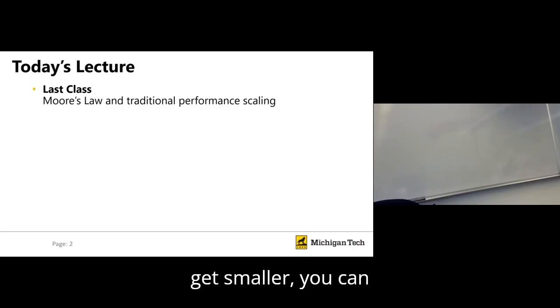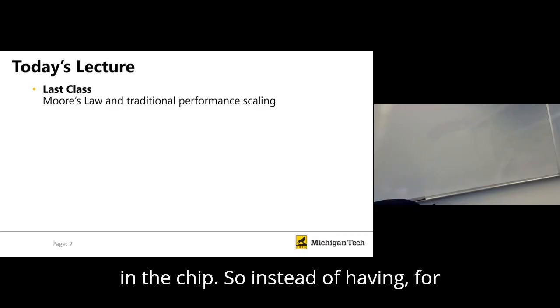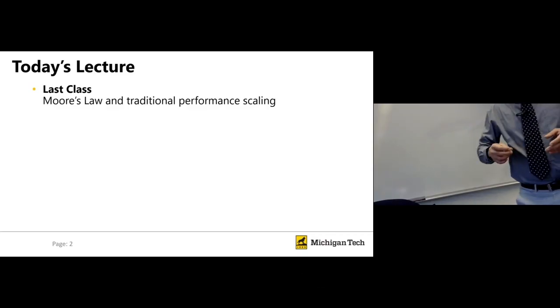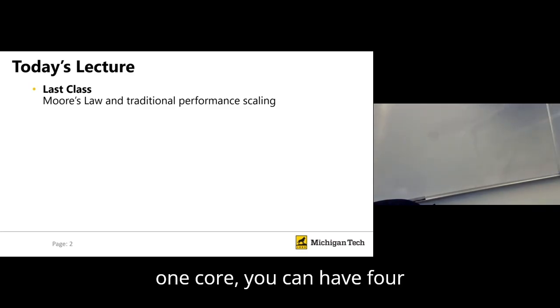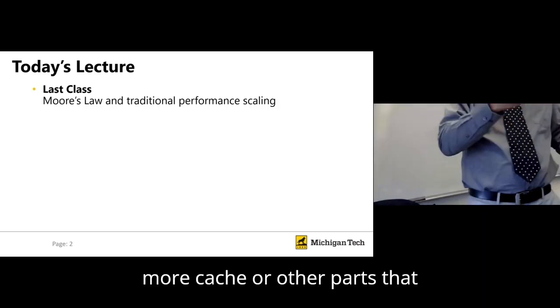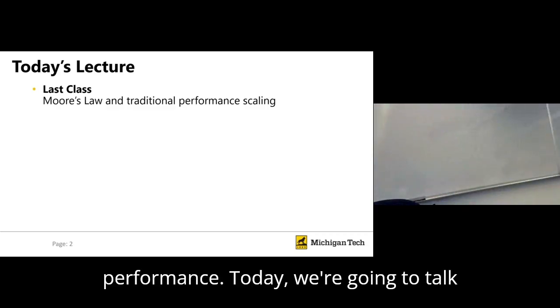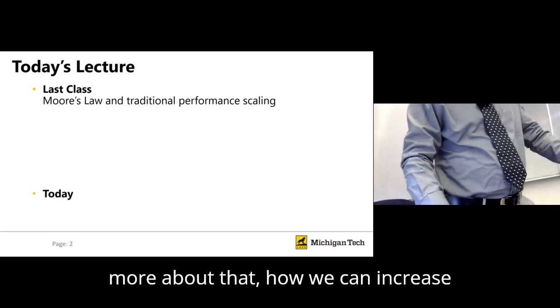And when they get smaller, you can have more transistors in the chip. So instead of having, for example, 1 core, you can have 4 cores or more, or use more cache or other parts that can increase performance. Today we're going to talk more about how we can increase performance.